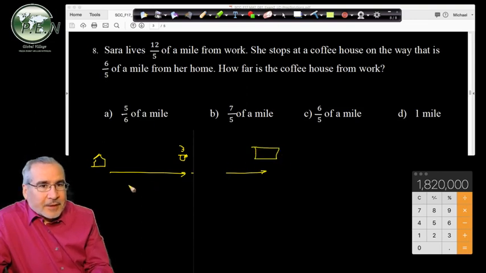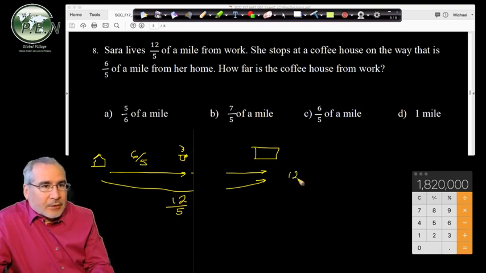Building. Okay, so we're told that the total distance from home to work is 12/5, and that from home to the coffee shop is 6/5. So how much is it from the coffee shop to work? Well, if we just subtract, this is taking 12/5 minus what she already went.